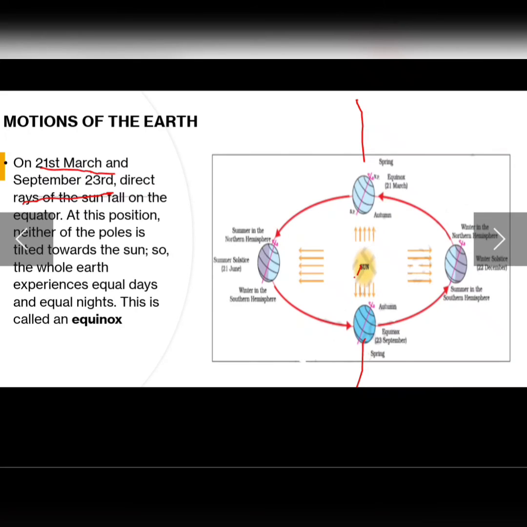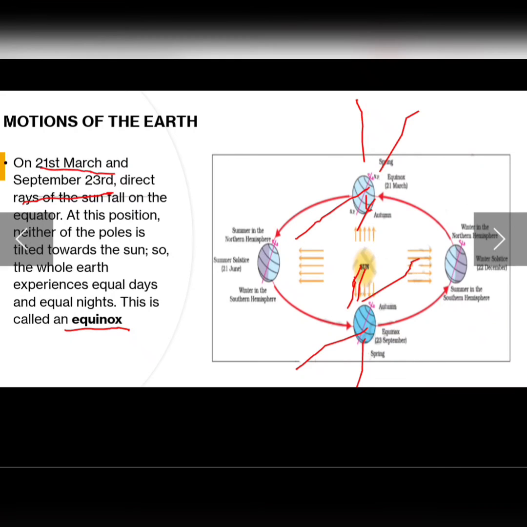We can see that these are the sun rays and they are falling at the equator, and at this time the position of the poles, here are the poles, is neither tilted. We can say that the poles are not bent towards the sun, so the whole of the earth experiences an equal amount of day and night. Okay, and this phenomenon we call equinox.